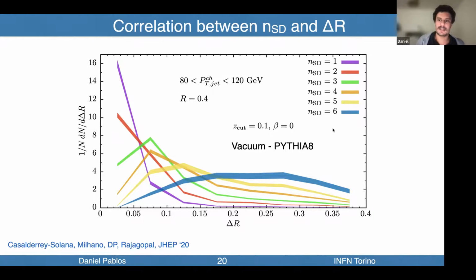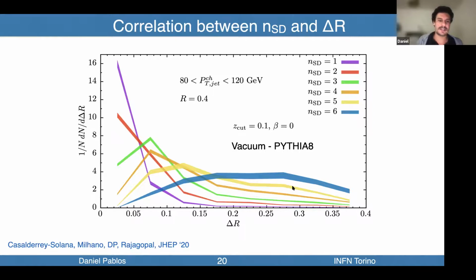If you have a jet that has a lot of groomed splittings, in the sense of splittings that satisfy the hardness condition of having at least 10% of the energy, then it is much more likely that this structure is wider.